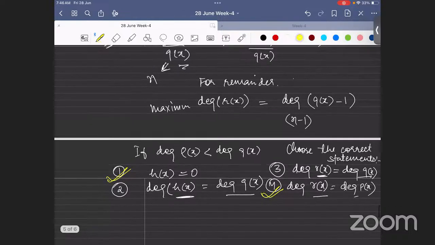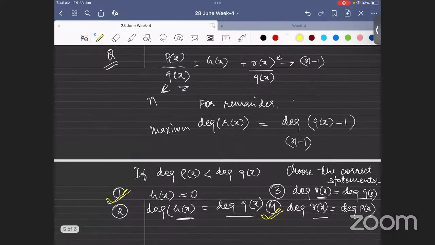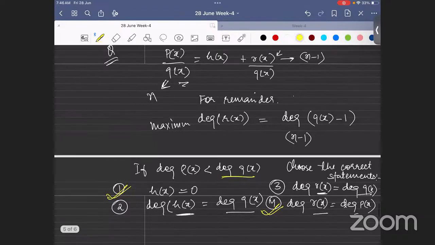For this case, I already told you that you will not be able to divide it. If you have a higher degree, then the only possibility is that if you are dividing x square by x5, then this can work directly as a remainder, right? So the degree for this x squared will be the same for the remainder and for the polynomial, the dividend.